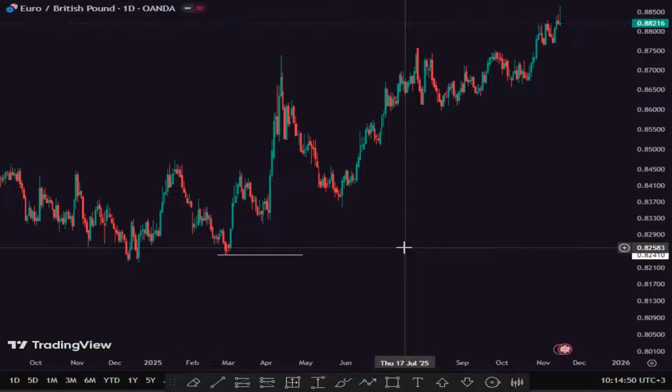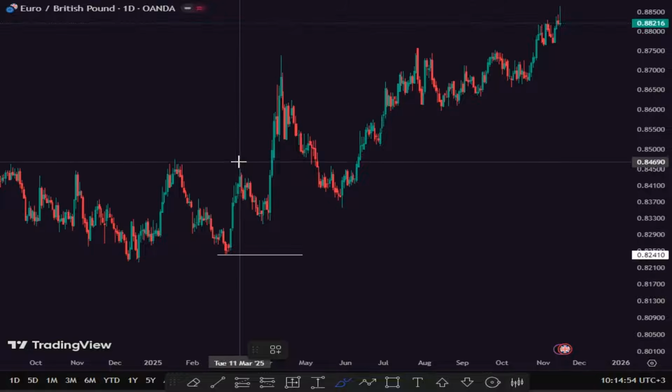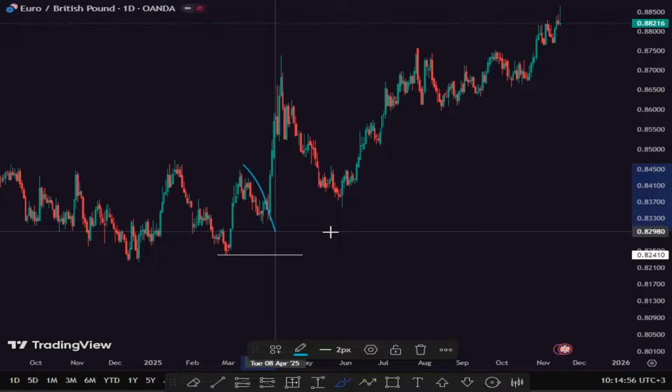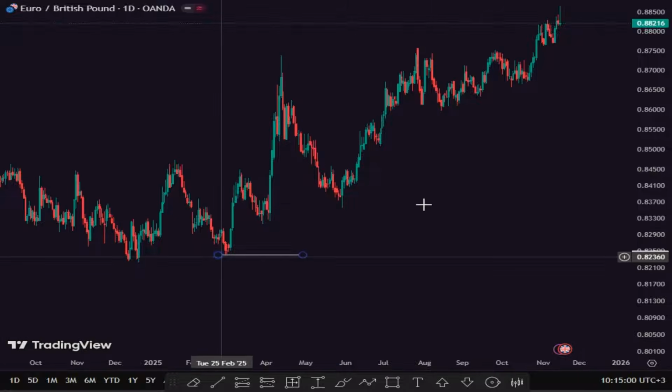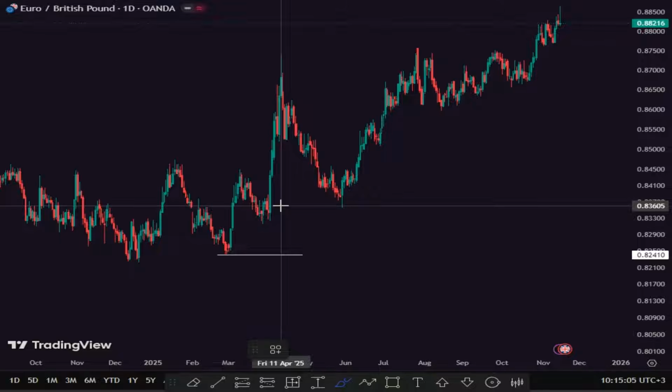Our next thing is to wait for a pullback. There is a difference between a pullback and an impulse phase, so we need to see the kind of pullback. When price is pulling back, we are looking for the patterns that we've just talked about. Guys, if you forgot about patterns, go back and rewatch.